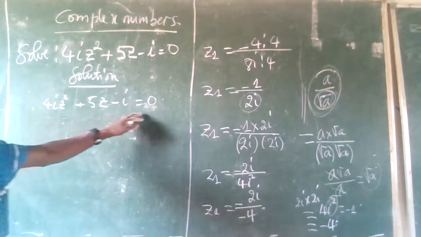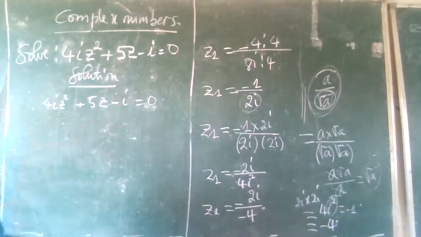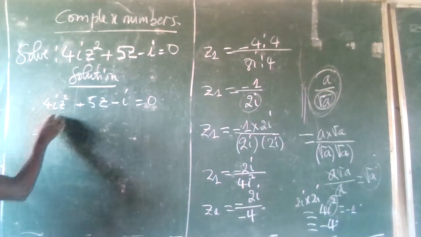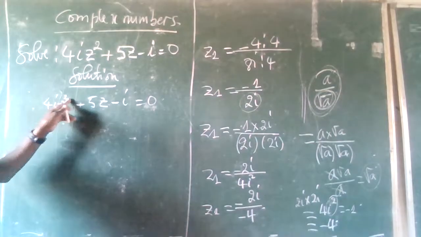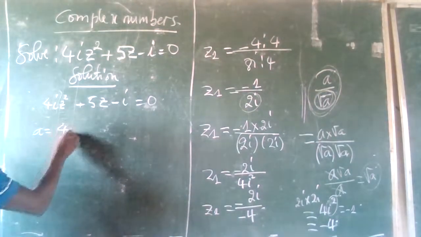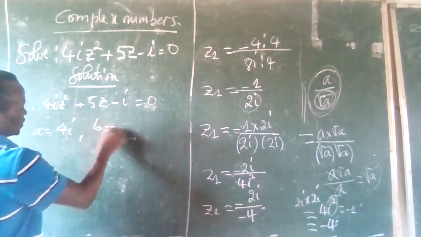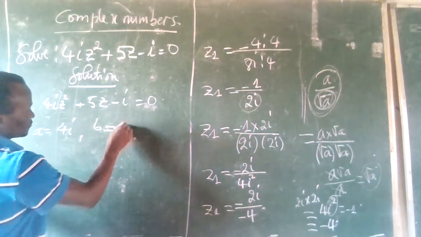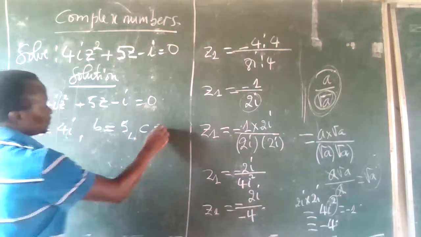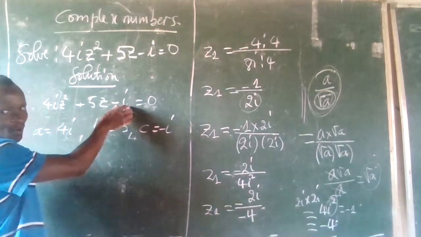So now we are at this kind of equation, or this kind of complex equation. We need to find the a. It is the coefficient of this z squared. Now it should be for us where b will be 5 and c will be minus i. This is minus i as we have it here.